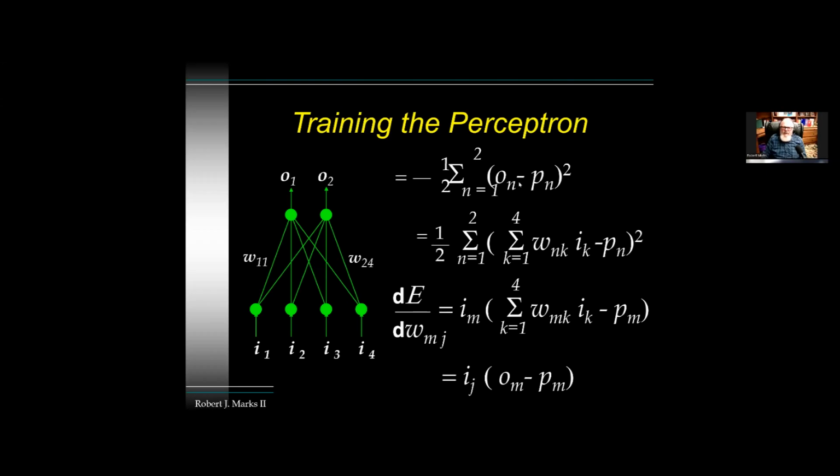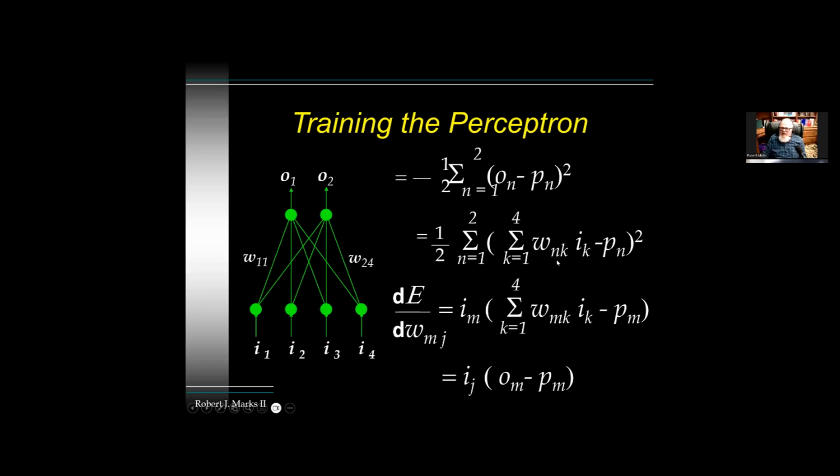Well, let's look at the output. The output is equal to, as you can see here, the summation over k of the weights times I sub k. That was our model of the original neuron. So it's equal to the weights times the input. The input is down here. We multiply it by the weights. You'll notice that if you unpack this, this is a matrix vector multiplication.